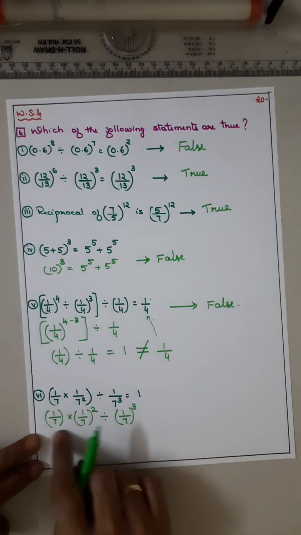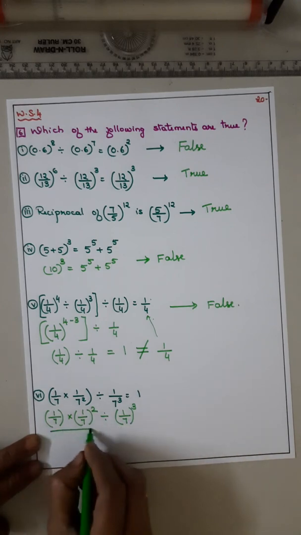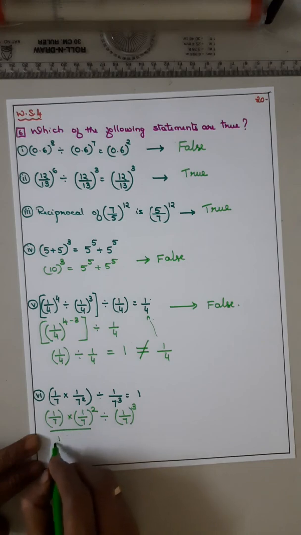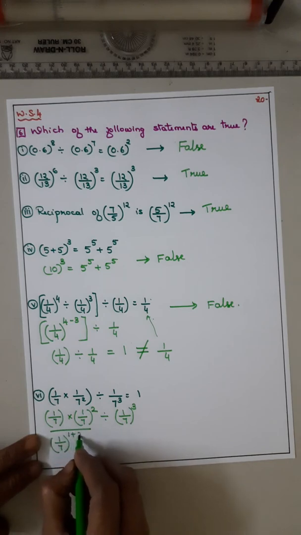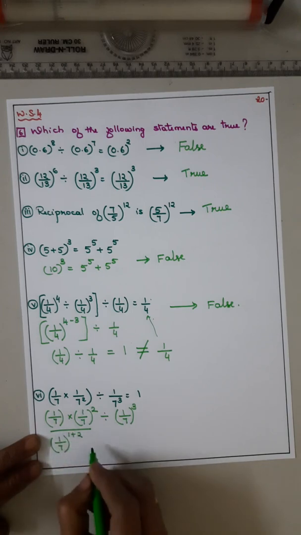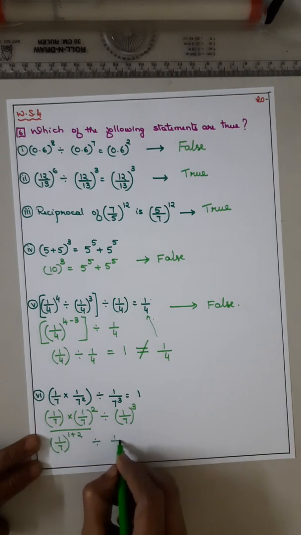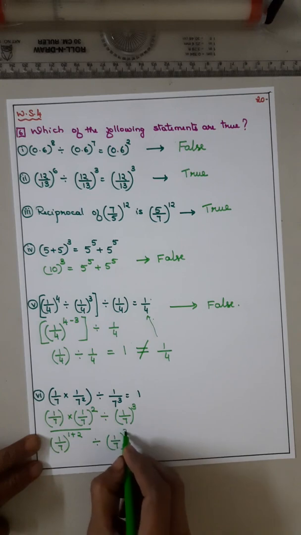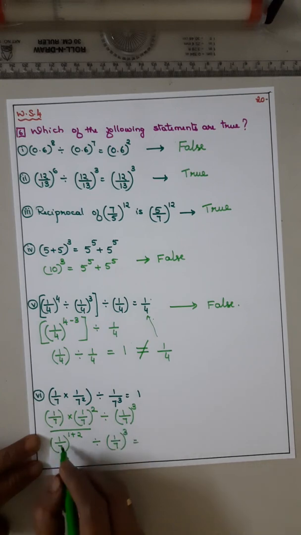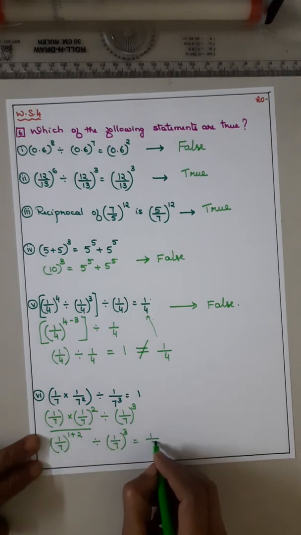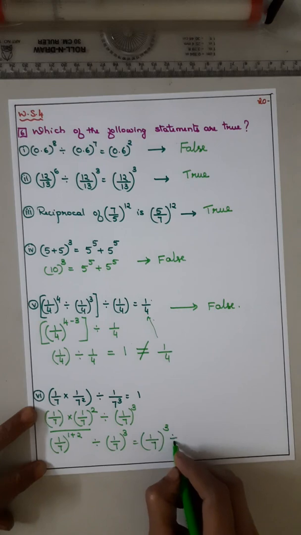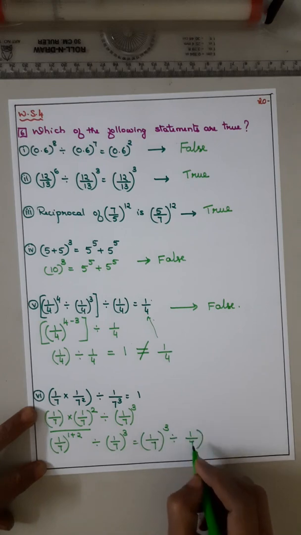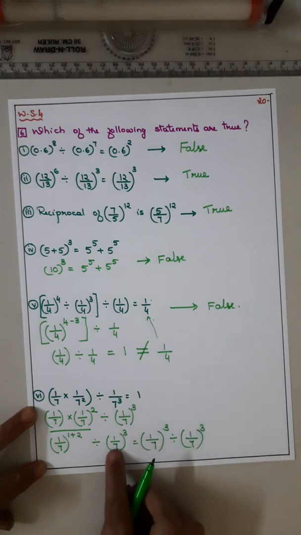Now when you see this, how much came? 1 by 7 the whole power 1 plus 2. And here came 1 by 7 the whole power 3. So here how much? 1 by 7, 1 plus 2 is 3 divide by 1 by 7 the whole power 3.